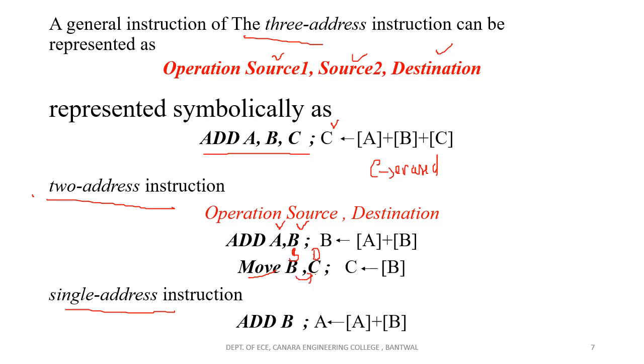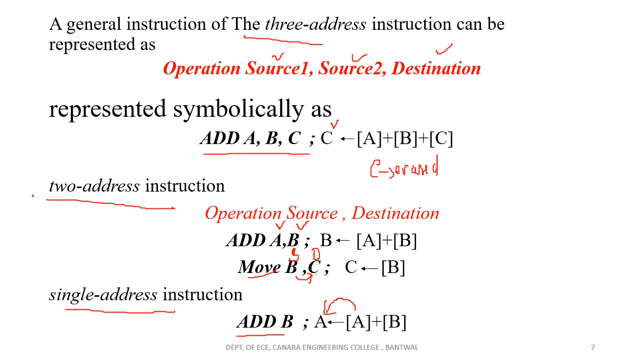In case of a single address instruction, if you want to perform the addition of two numbers, you can use an instruction such as add B. In this case, the content of B is added with the accumulator and the destination is the accumulator itself.